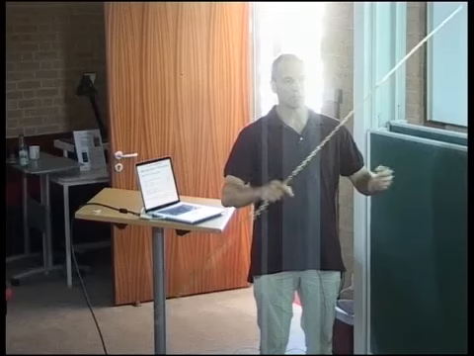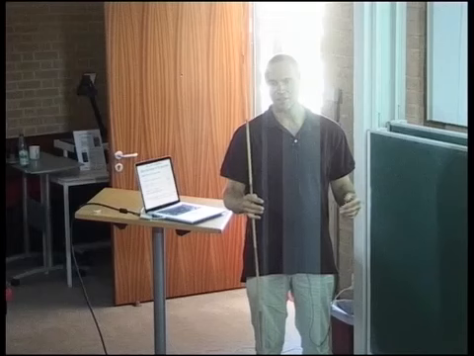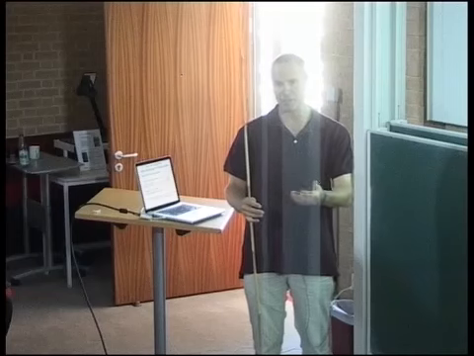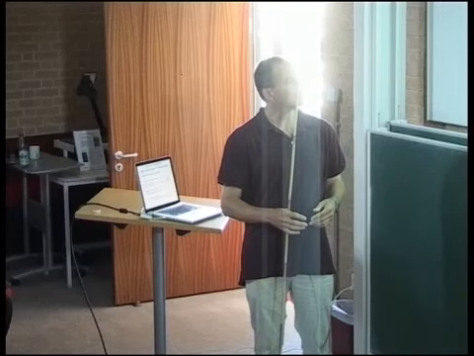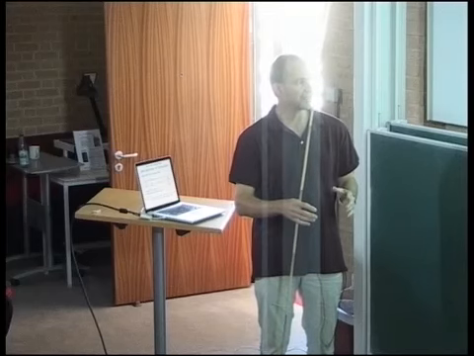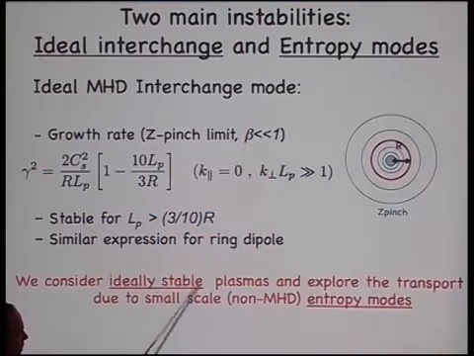Because ideal modes are going to cascade to the largest wavelength in the box, just as you couldn't study ideal ballooning modes with DBM or GS2. So we're going to assume that the plasma is in a regime that's ideally stable. We're going to assume that this condition is satisfied, and then look at the transport due to non-MHD modes, analogous to what we do in the tokamak.